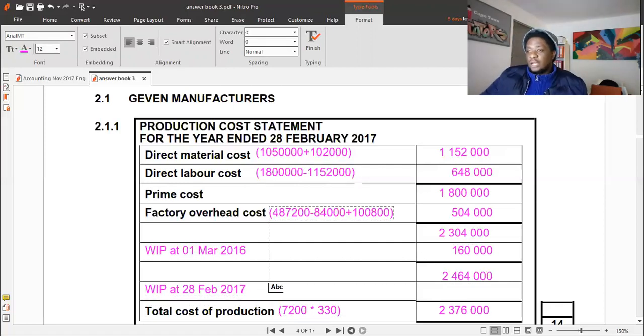And then we'd have to find the difference: 2,464,000 minus 2,376,000. That would give you 88,000. And then we'd come in here and say 88,000. And that would be your production cost statement.